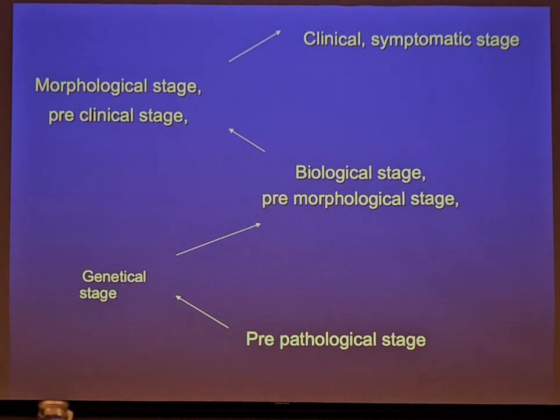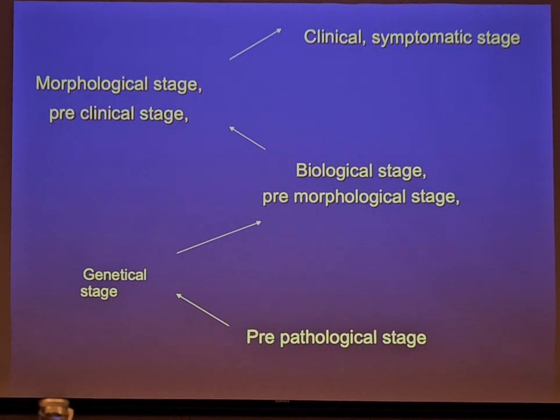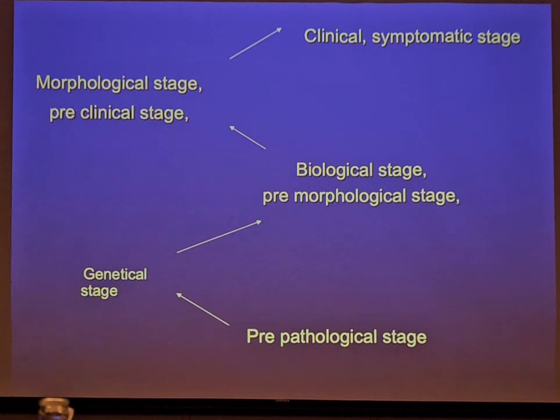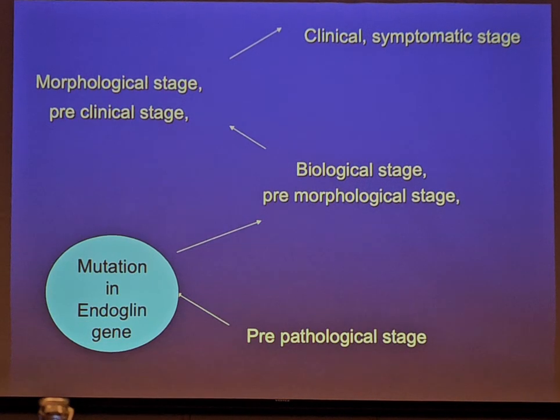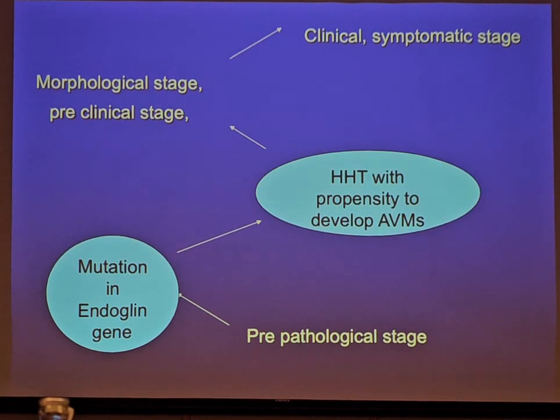Okay? Or let's take now back the example of HHT. Let's say you have a mutation in the endoglin gene that was revealed through your primary trigger. You have the disease HHT with a propensity to develop AVMs, with a propensity to develop capillary telangiectasias, with a propensity to develop nosebleeds.